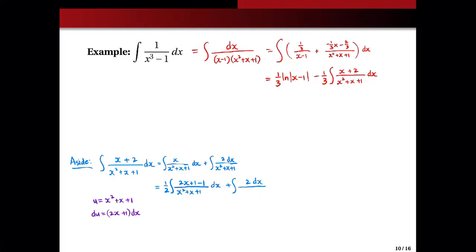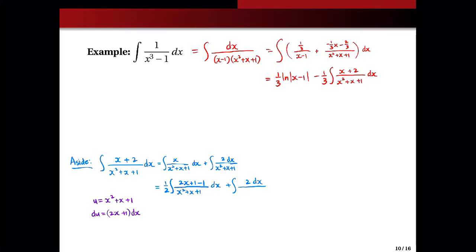Again, from this expression, I have x over x squared plus x plus 1. From the x in the numerator, I want to produce 2x plus 1. So the first step, I'll multiply x with 2, but I'll divide it by 2 again. That's why you see the 1/2.